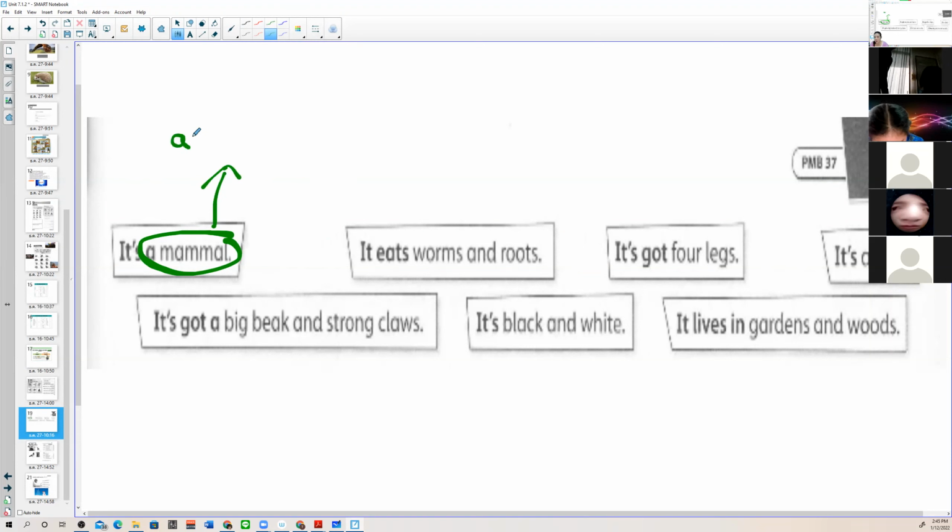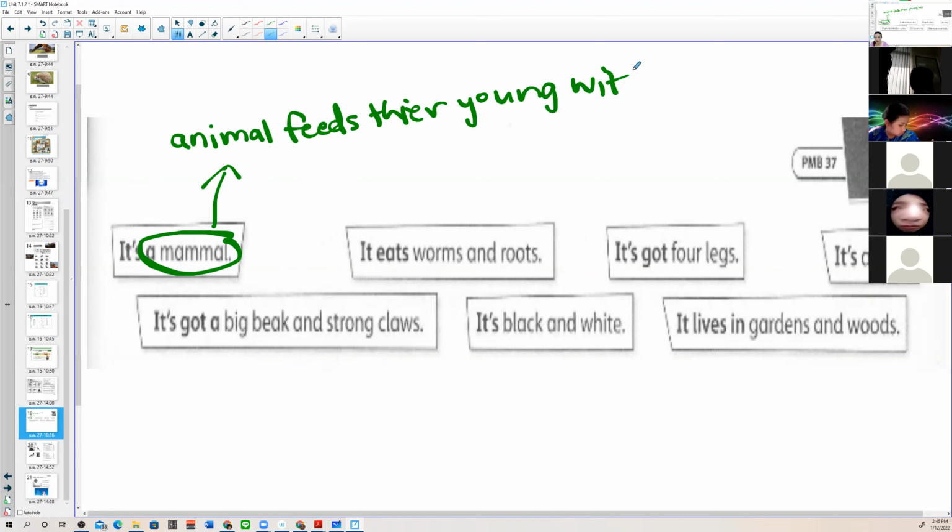Mammal is an animal that feeds their young with breast milk. Okay, they have special glands. You cannot say they, we should say we, because humans are also mammals. So they feed the young with the breast milk in the female.